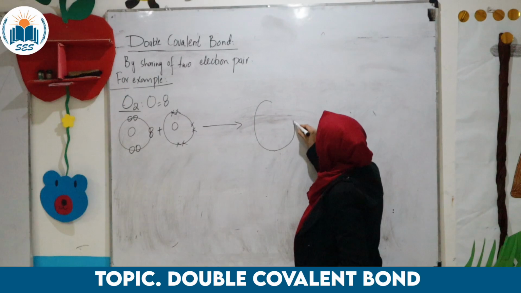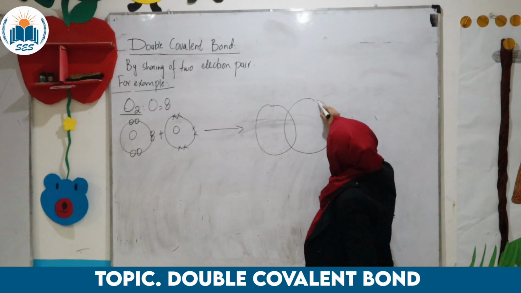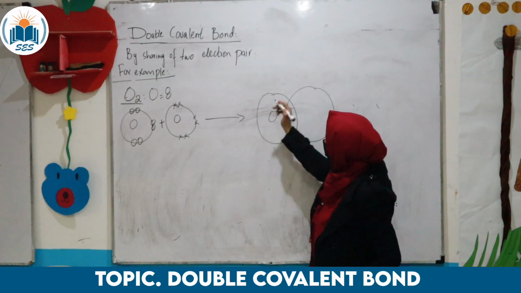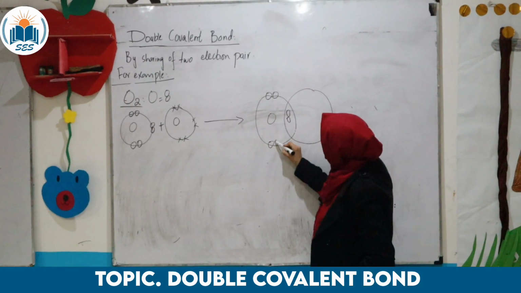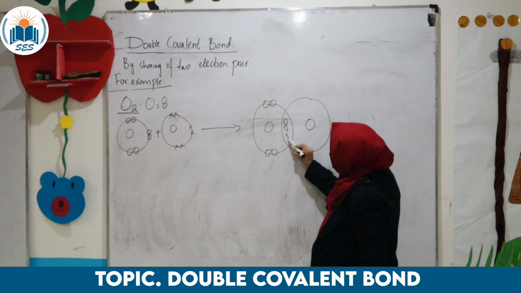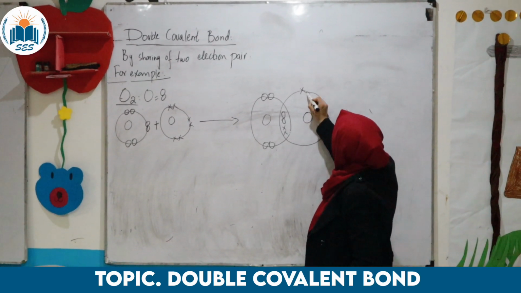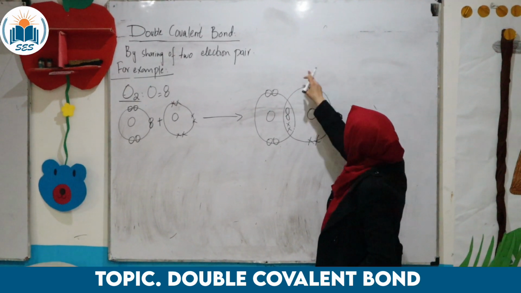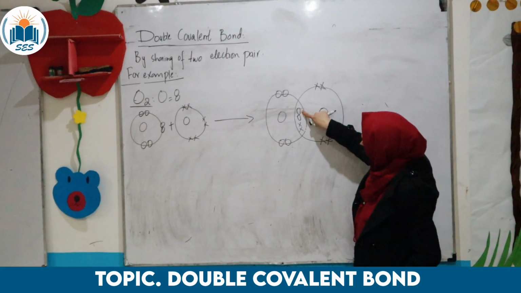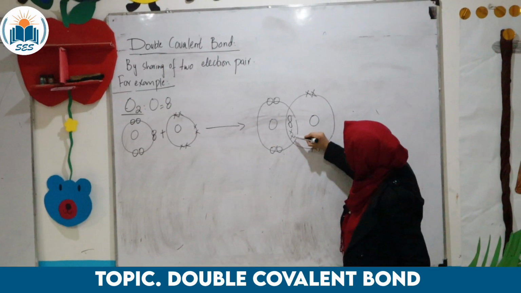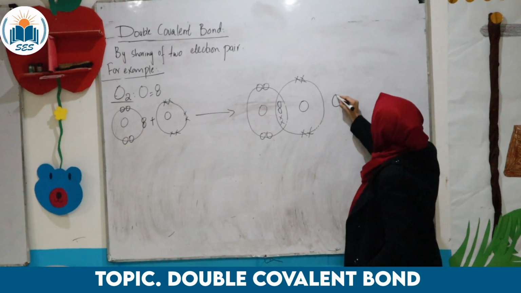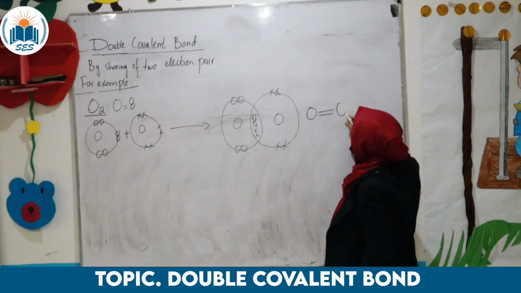Now what would happen? 2 electrons of this oxygen atom, and the remaining ones, 1, 2, 3, 4, are not being shared. Same for the other oxygen atom. This is a double covalent bond because it is formed by sharing of 2 electron pairs. You can say a total of 4 electrons. A double covalent bond is shown by a double bond.